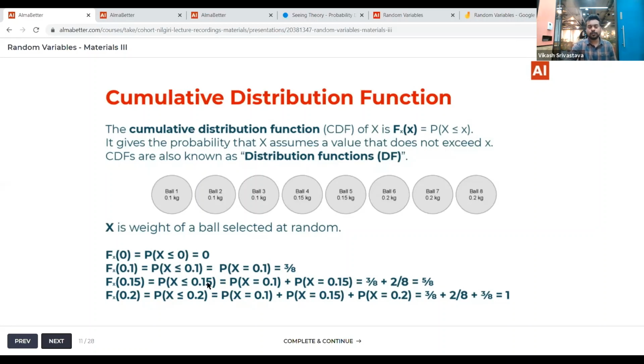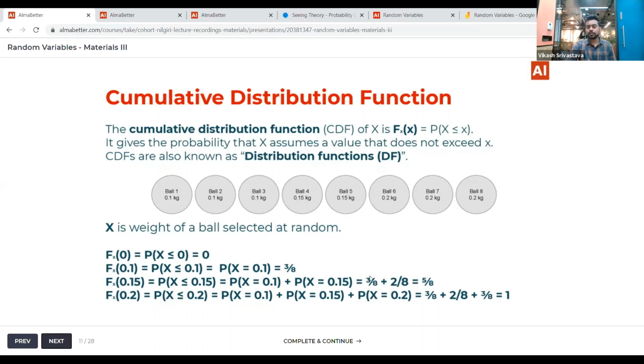So what sort of probabilities will I take into consideration? Of course 0.15, because the equality sign is here, and then also 0.1, because this value is less than or equal to 0.15. So the probability of x equal to 0.1 plus the probability of x equal to 0.15. This is how we add these two probabilities when calculating this cumulative probability, right?